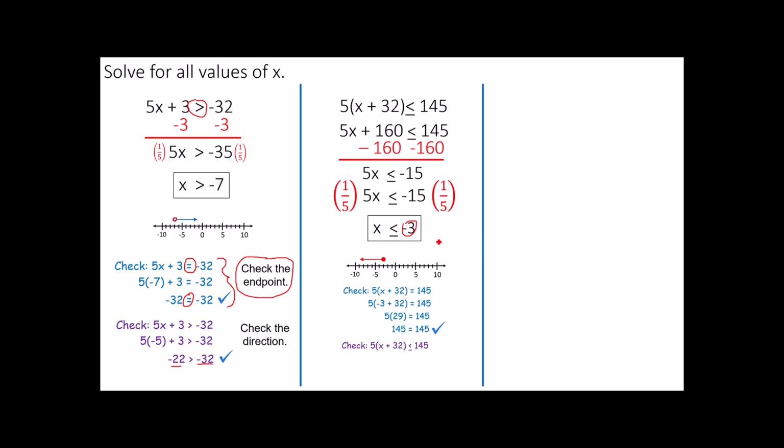When I check the direction of the arrow, I just need to choose anything that's on the left side of negative 3. I happen to choose negative 4. If I simplify, I get 5 times 28, and I get 140 is less than or equal to 145, which is also true. Here again, we check the endpoint, and then we check any value on the left side.